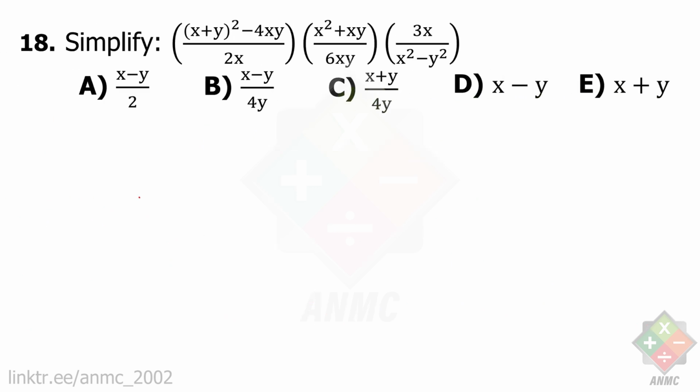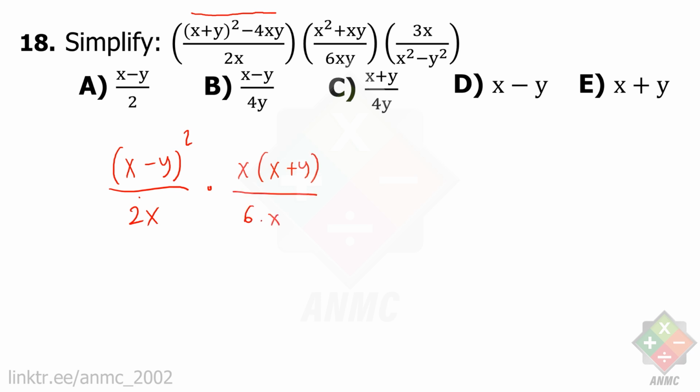Let's start to simplify. Numerator is x minus y squared. x minus y squared over 2x times x plus y over 6 times x times y times 3x over x minus y times x plus y, difference between squares.